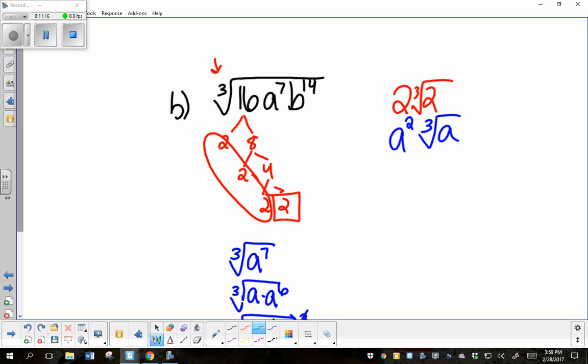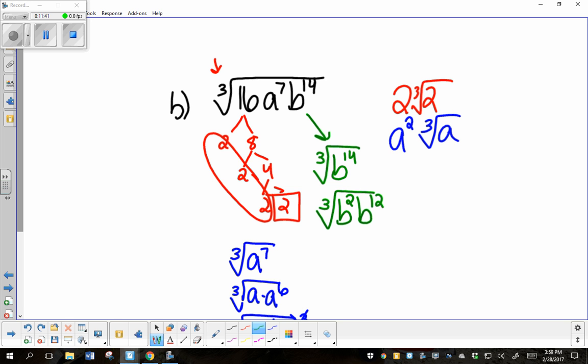Now let's do the same thing with the b. So we're trying to find the cube root of b to the 14. So let's see, 14 is not anything times 3. 13, no. 12, yes, 12 is something times 3. So I can rewrite this as the cube root of b squared times b to the 12, because 2 plus 12 would take us back to 14.